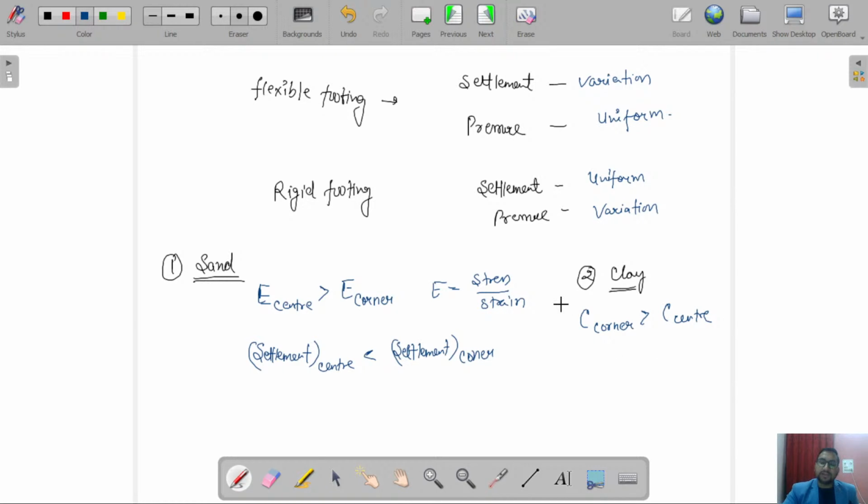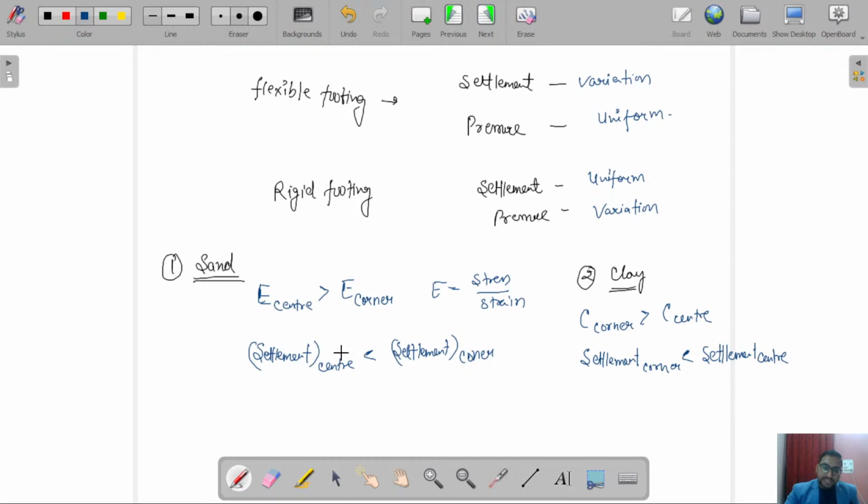If cohesion value is more, if resistance to deformation is more, it means settlement is going to be less. So settlement at corner will be less than settlement at center, right?